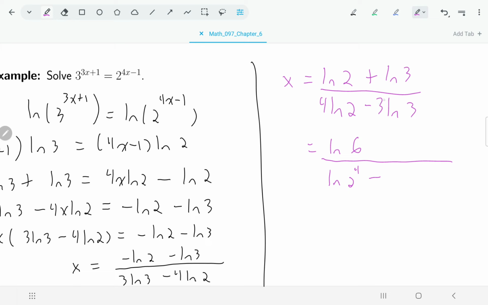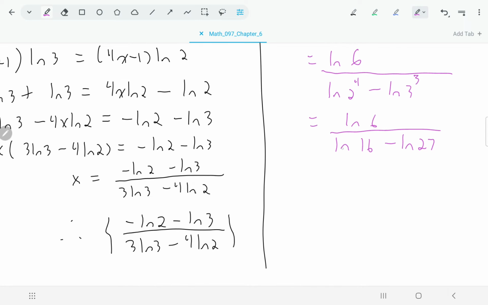Same thing for 3 natural log of 3. The 3 could come up as a power on the 3. And if I just evaluate that quickly, 2 to the power of 4 is the same thing as 16. And 3 to the power of 3 is 27.